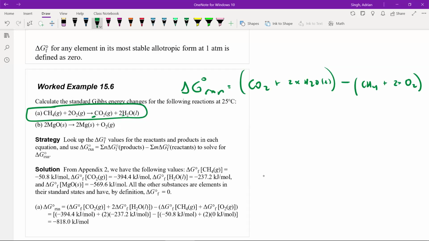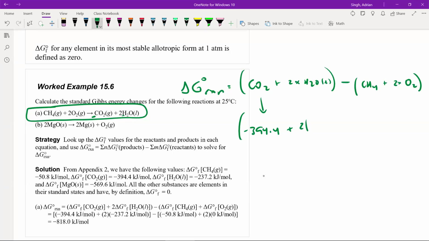Okay, so we can look up these values from the appendix. The delta G of formation of CO2 is listed at negative 394.4 kilojoules per mole, plus 2 of the H2O liquids.